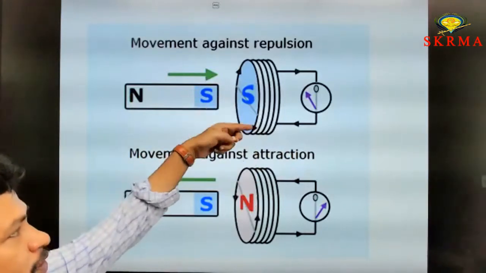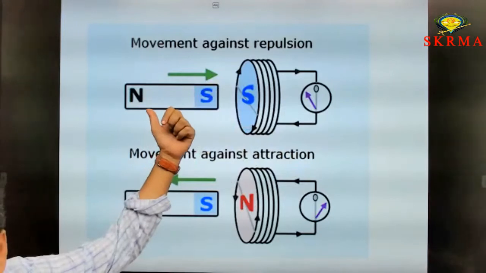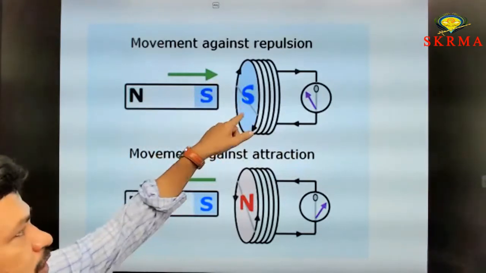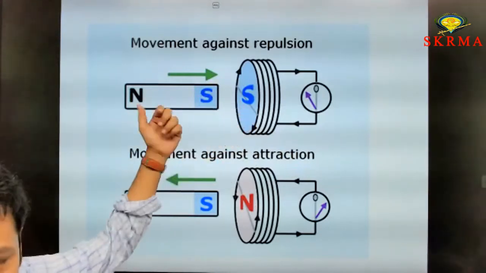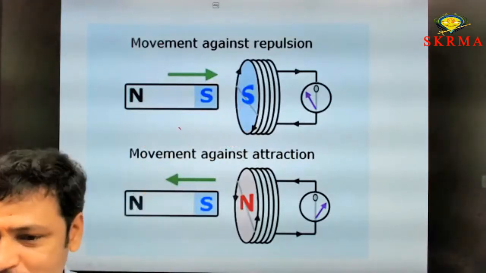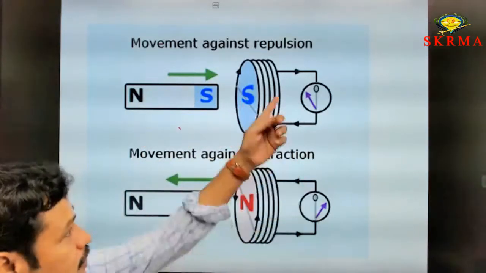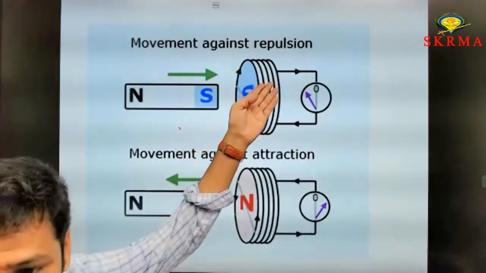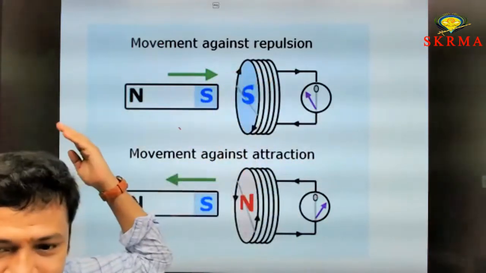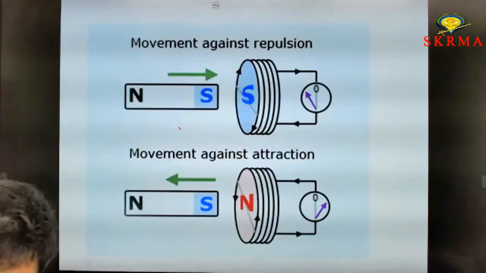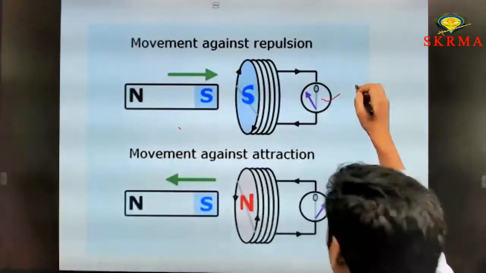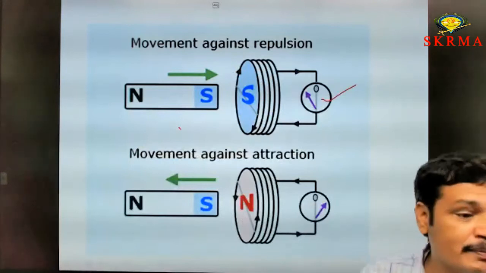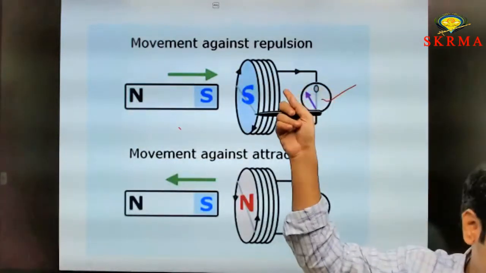In such a case, the induced EMF opposes the source. That is the basic Lenz's law. In order to oppose the south pole, the coil repels it, so the coil must act like a south pole. The south pole repels the bar magnet. In the same way, we can detect the deflection in the galvanometer, which means EMF is induced in the coil.